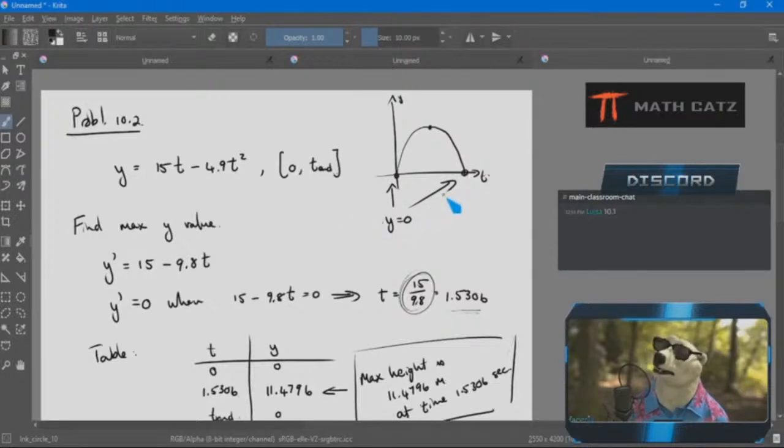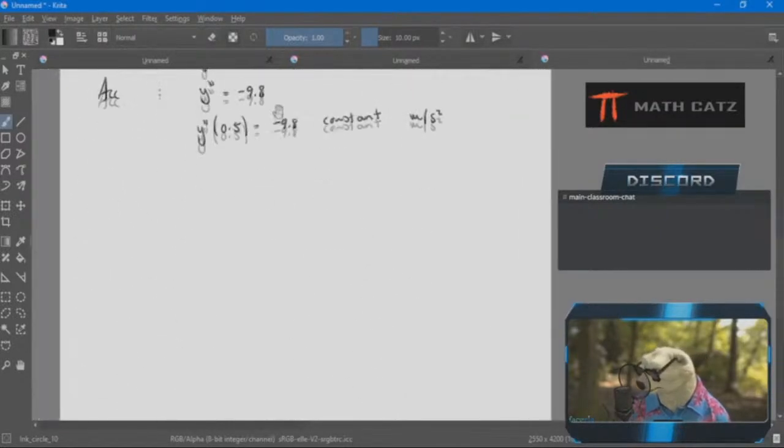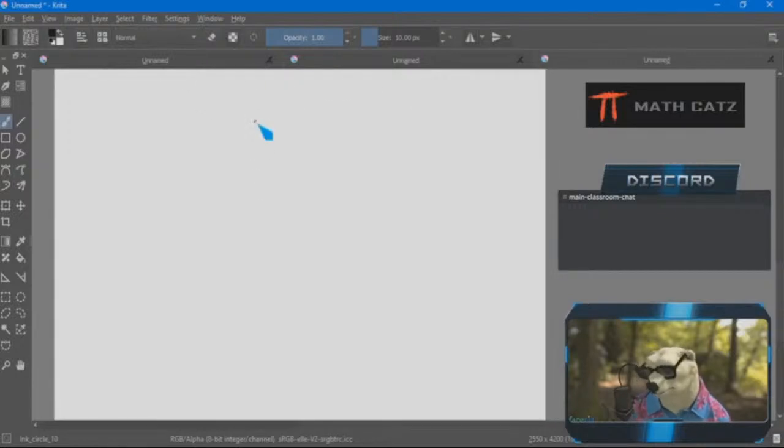But I also know that it's when the height of the cannonball is 0 again. So by setting y equal to 0, I'll find the end time as well. So let's do that in our last 5 minutes.